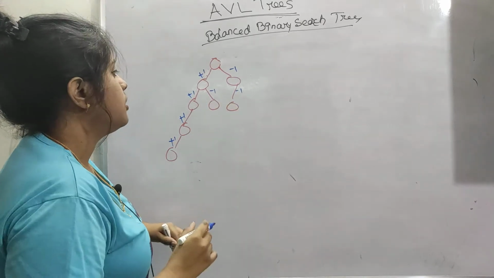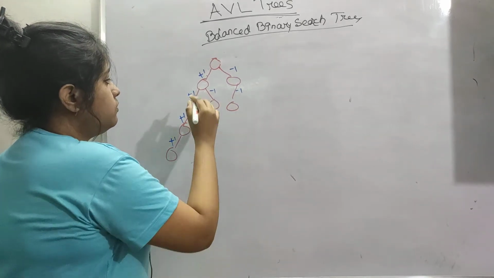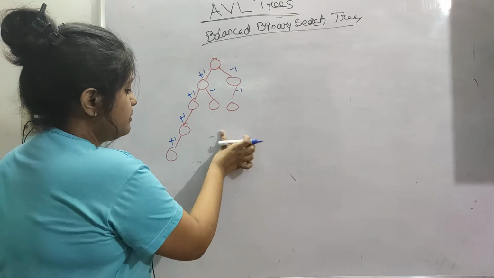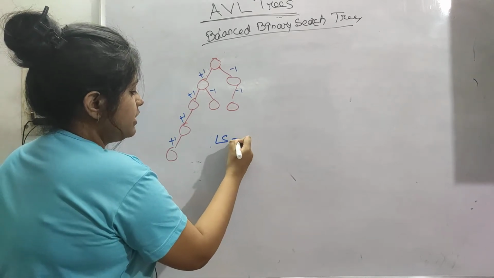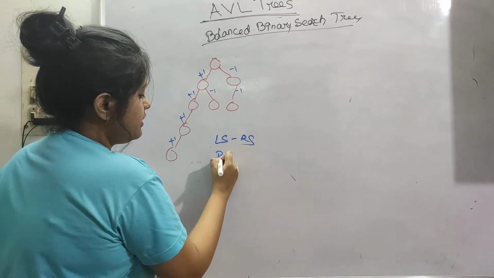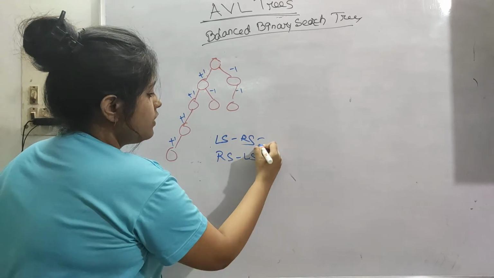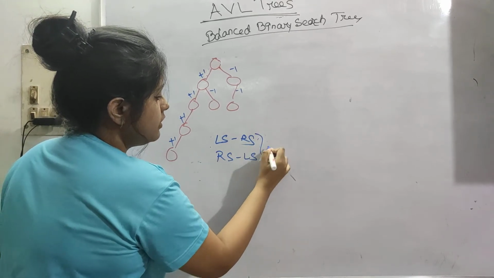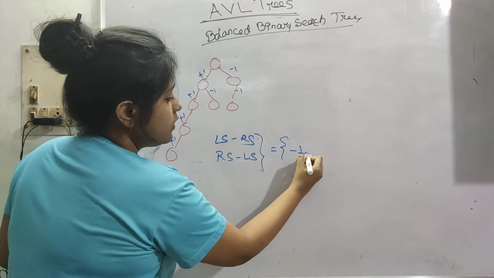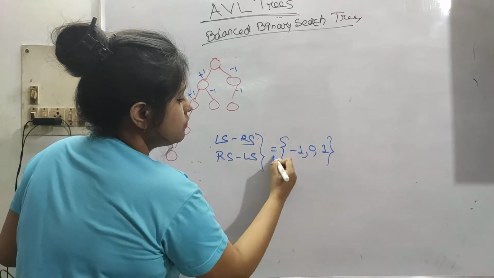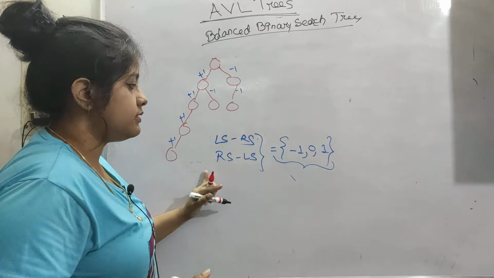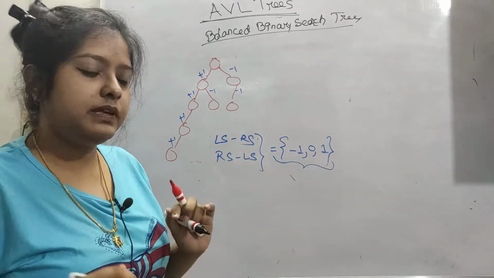Now the left subtree minus the right subtree, or vice versa, the right subtree minus the left subtree, must be -1, 0 or 1 to be accepted. Beyond this will not be accepted.